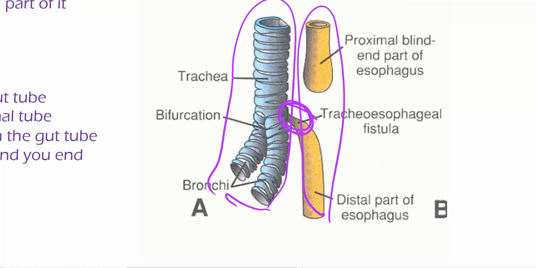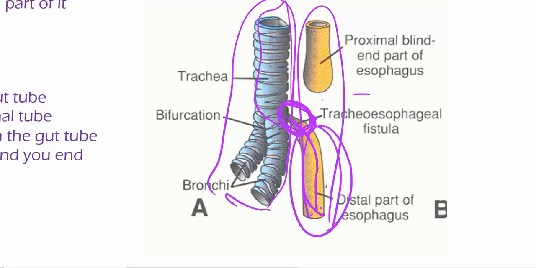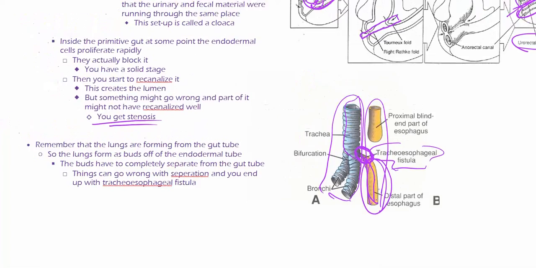Here you have a continuation of the distal part of your gut tube with, I guess, your trachea here. So you have a tracheoesophageal fistula, which was important to take note of.